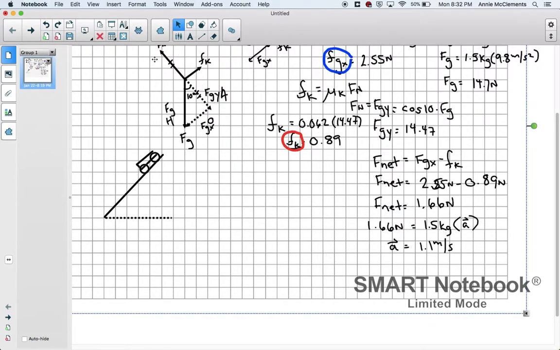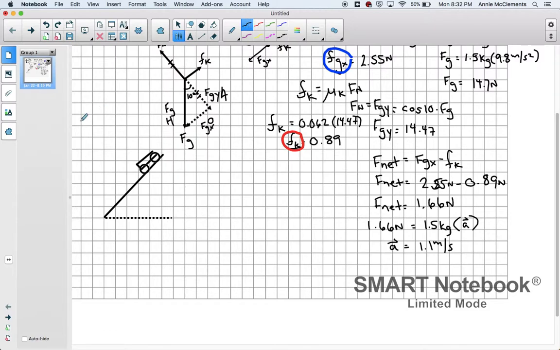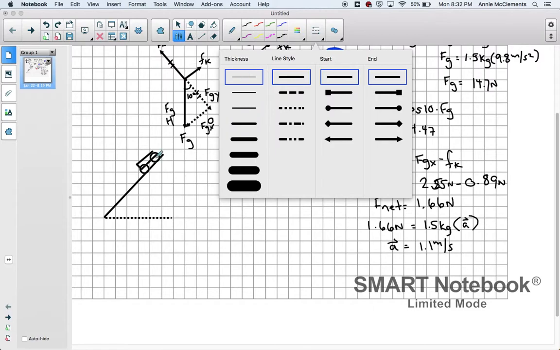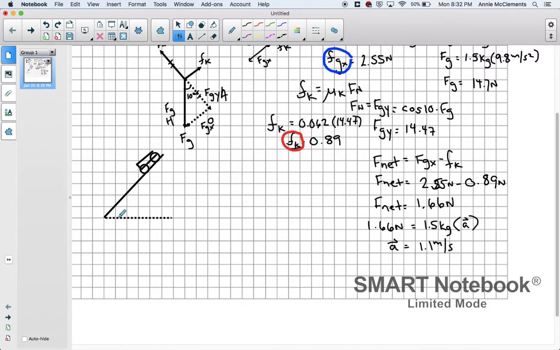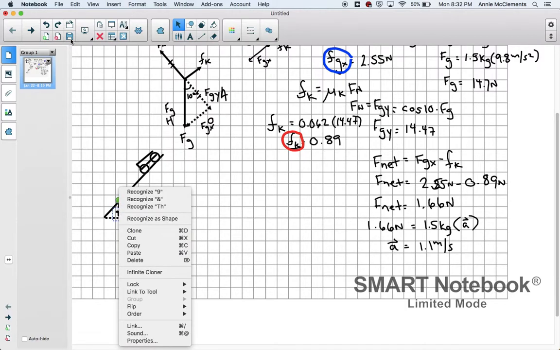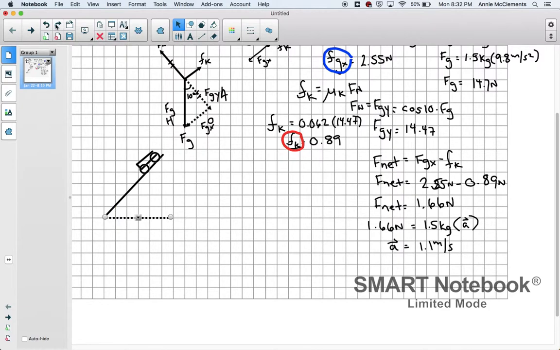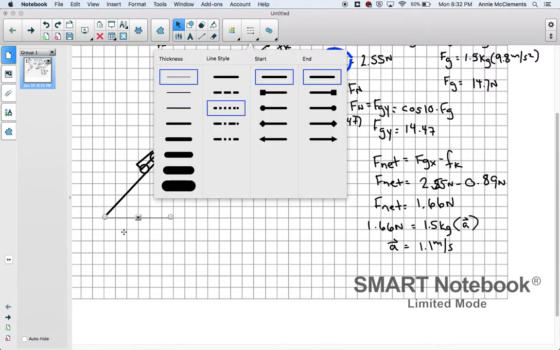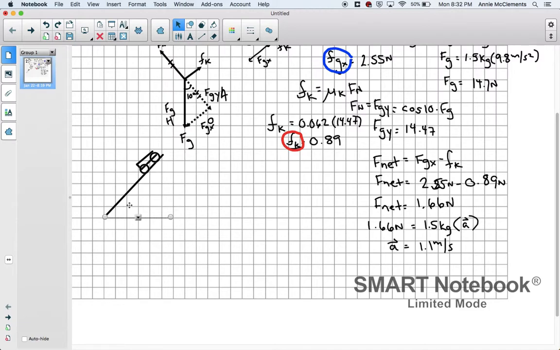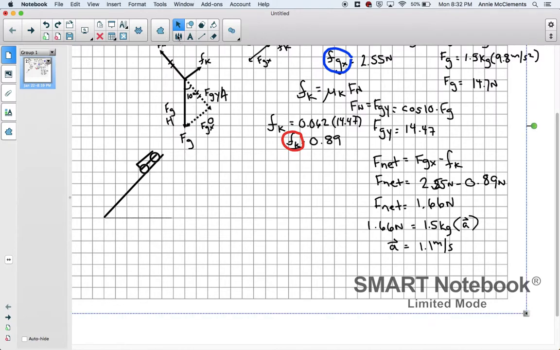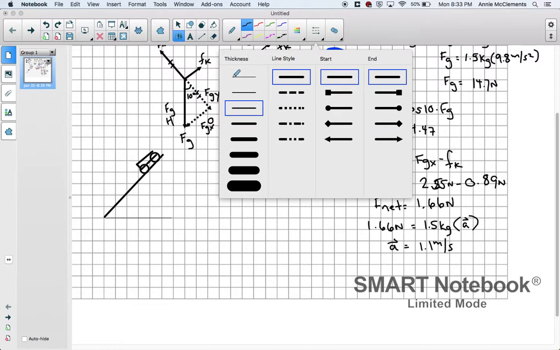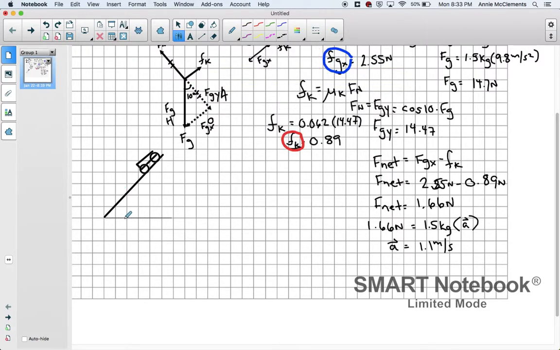So moving on to the second problem here, Pinewood Derby car coming down a ramp. Our ramp in this case is at an angle of 53 degrees.